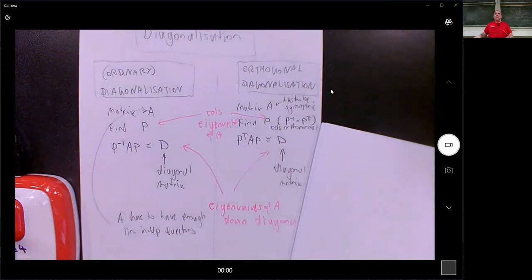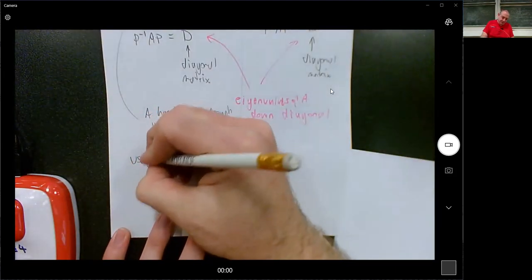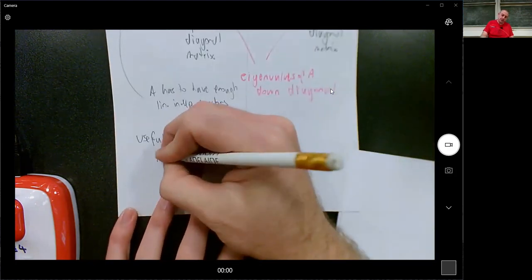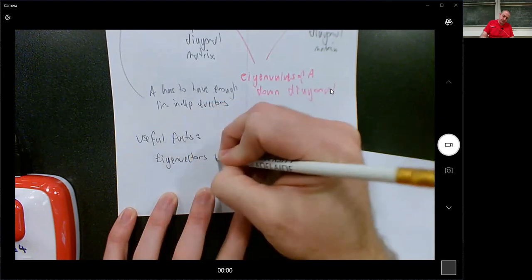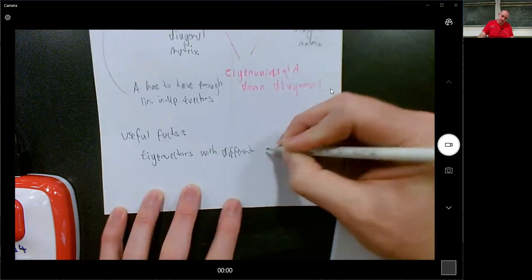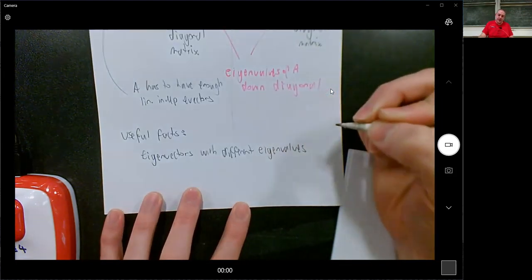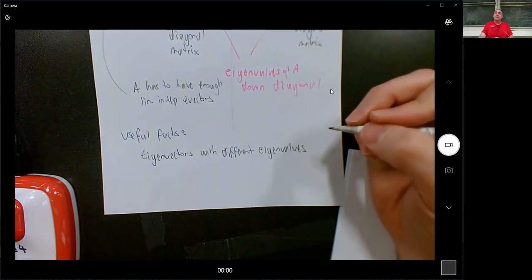Right. So, useful facts. Useful fact number 1: eigenvectors with different eigenvalues are linearly independent.